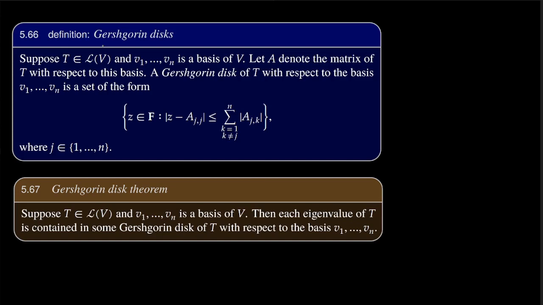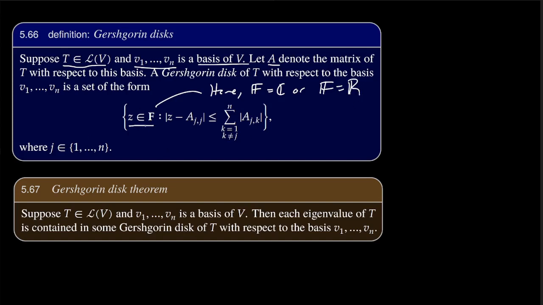So this is the idea of the Gershgorin circle theorem, or Gershgorin's disk theorem. So the idea is that we take T, an operator on V, and v1 through vn, any old basis of V. We'll let A denote the matrix of T with respect to this basis, and we'll say that a Gershgorin disk of T with respect to this basis is just the set of all z's in the field. Here, F is going to be equal to C or the reals.